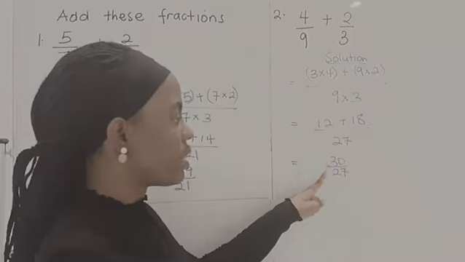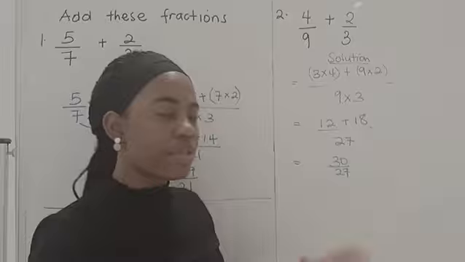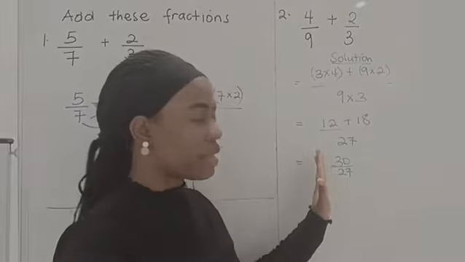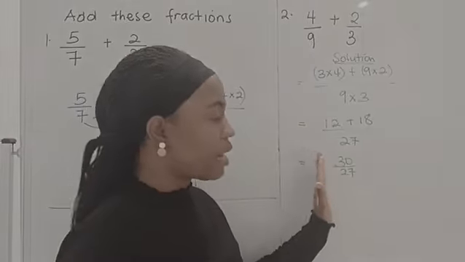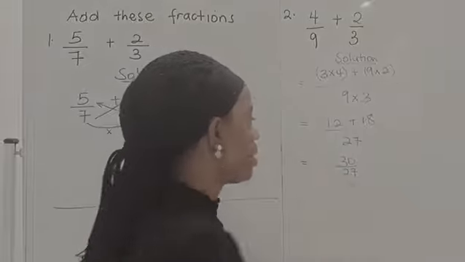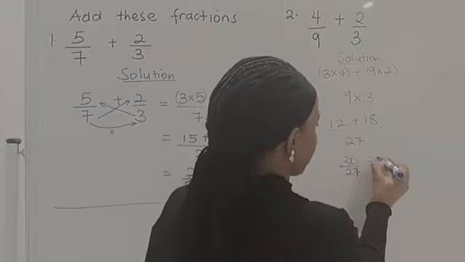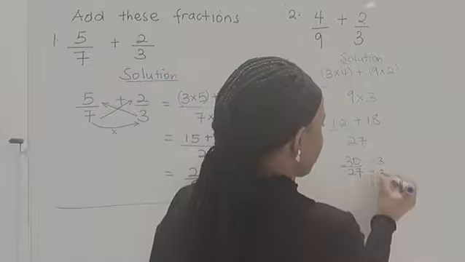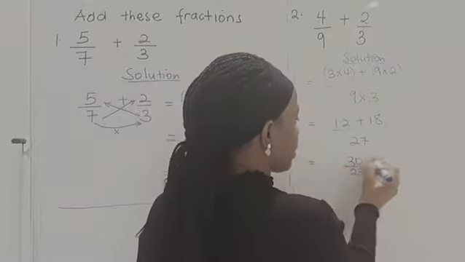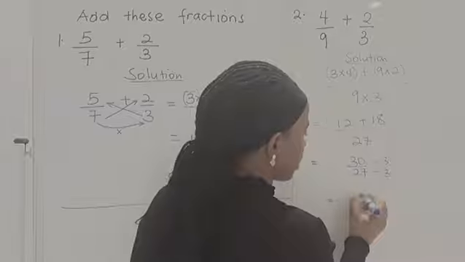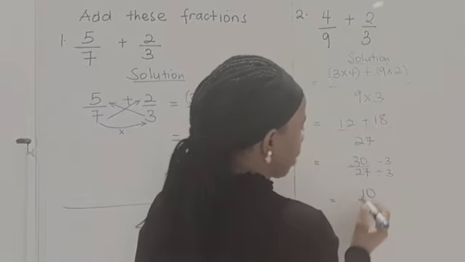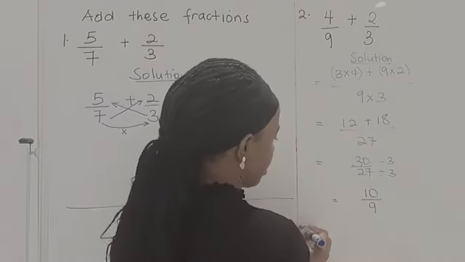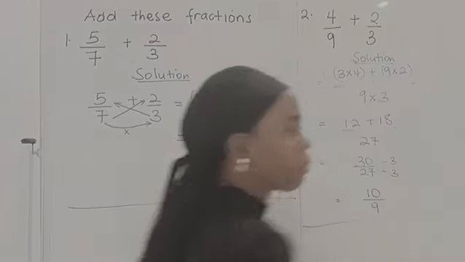But you find that this fraction, we can reduce it or simplify it by dividing through by 3. So I will divide by 3 on the numerator and 3 on the denominator. 30 divided by 3, you get 10. And 27 divided by 3, you get 9. So that is our answer.